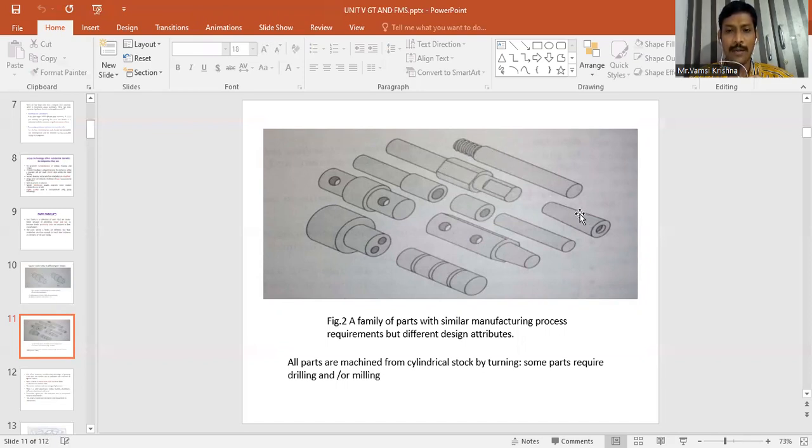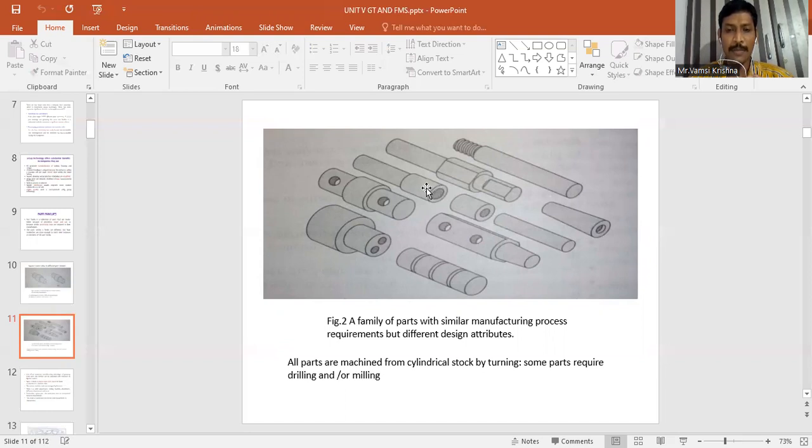This is a cylindrical component, but I'm sorry, the part numbers are not provided. See, the mouse cursor is showing two parts which have two drilled holes. Also, you find two drilled holes in this component. So this drilling process can be done only using a milling machine. This cannot be done on a CNC turning machine.